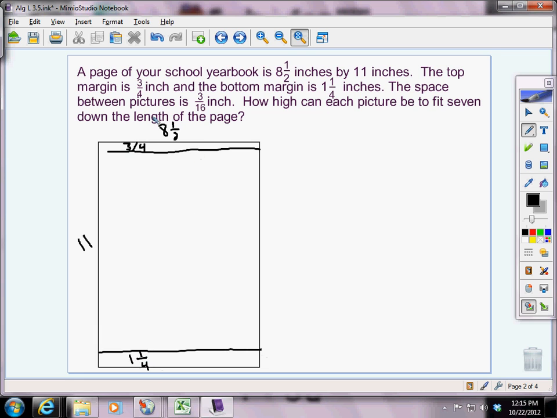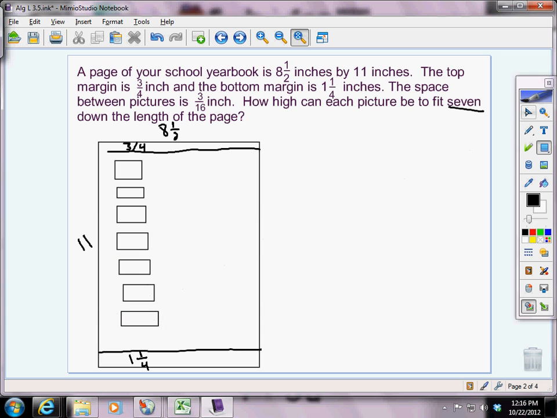The space between each picture is 3/16 of an inch, and it wants us to fit 7 pictures. So they want us to have 1, 2, 3, 4, 5, 6, 7. In fact, we'll make that one a little bit bigger.